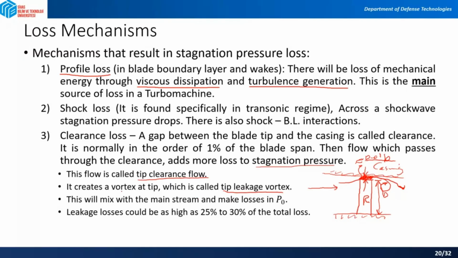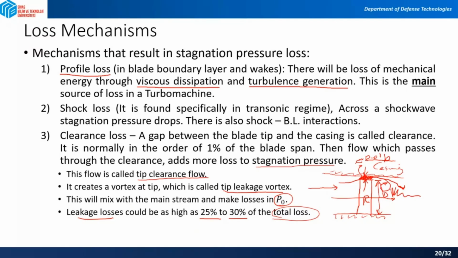This tip leakage vortex will mix with the mainstream and make losses in P0. What we know is that about 25 to 30% of the total loss is due to the tip leakage vortex and tip leakage loss.